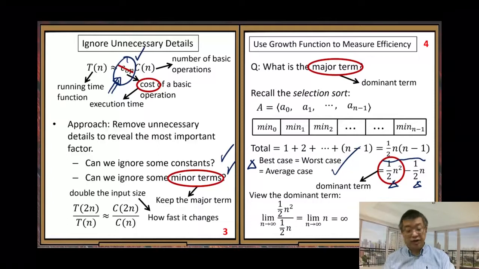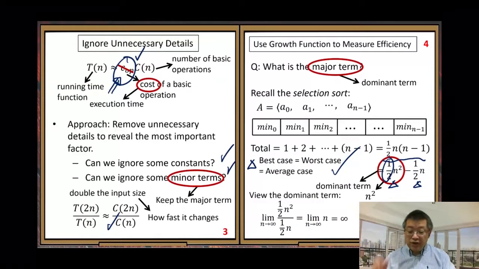In this example, we can ignore another little detail, the constant 1/2. When we look at the growth function, we do not need to look at the constant. The reason is that in this ratio, T of 2n over T of n, we don't need the constant. So when we define the growth function, we do not need that constant, so we ignore 1/2.